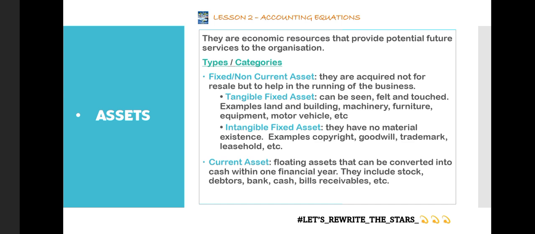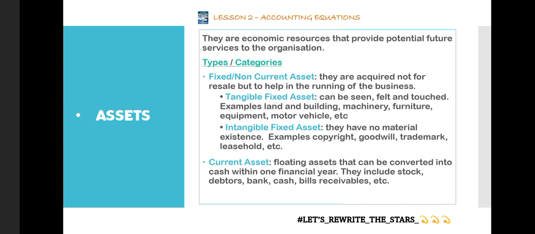Debtors, those who are owing us. If we record their names in our books, it is not their names that we need, but the monies that they are owing us. We record debtors as a current asset because within a financial year, we are expecting that they come and pay us back our money.